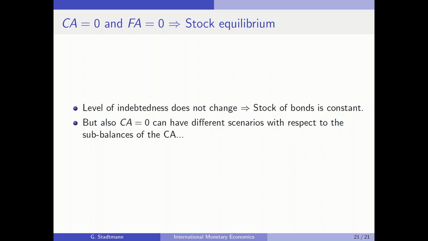But also when the current account is balanced, we could look at different scenarios with respect to the sub-balances of the current account. A current account equal to 0 does not imply that also, for example, the trade balance with respect to goods and services is balanced.